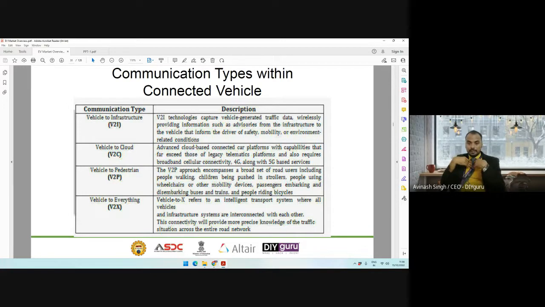Although I have data that my battery will sustain for 350 or 400 kilometers, the central server says no, there is some issue in your battery, so maybe you should take some extra help, or maybe you should not travel. I'm just giving you an example.